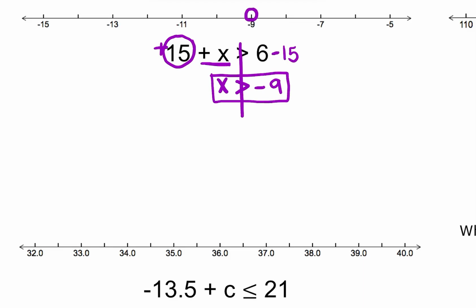Okay, and then I need to decide, am I greater than or less than? So let's go back and read our inequality. So is my x greater or less than -9? If my alligator is eating this side, it is greater. And if our answer has to be greater, we have to go this way on the number line.